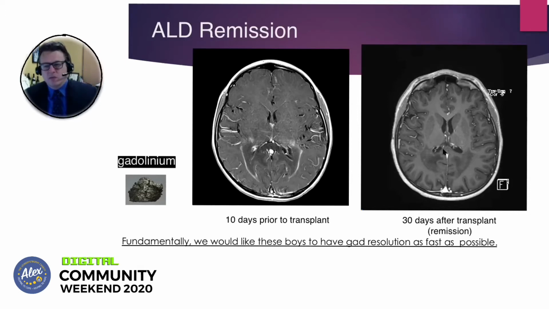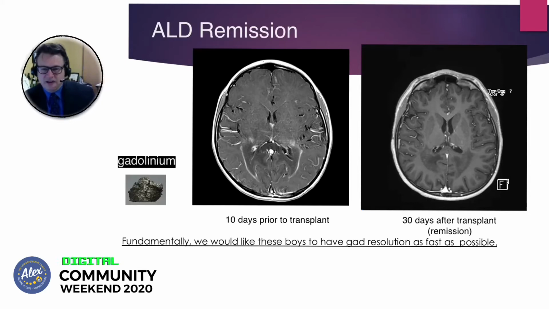Well, this is the same boy 30 days after transplant, which is our first MRI, and you can see that it's completely extinguished. This is what we refer to as cerebral ALD remission. And this is the whole goal of transplant, is to arrest that process and extinguish the gadolinium enhancement. And then thereby we hope to stabilize the disease from an overall brain involvement and also symptoms.